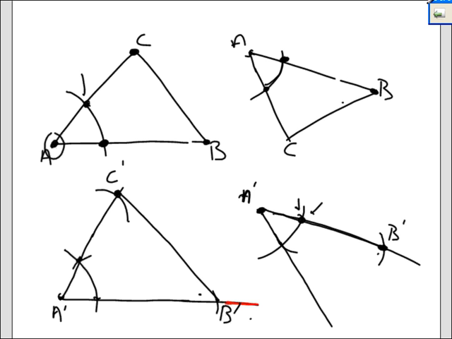We just need to duplicate the length of AC. Put your compass needle at A, open up so the pencil touches at C. Do the same on the bottom one. Put your compass at A prime, and put your little arc, and then you say, that's where C prime is. Then one last thing. Connect B prime and C prime.